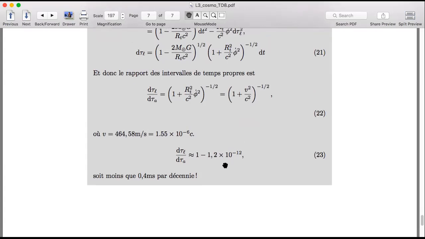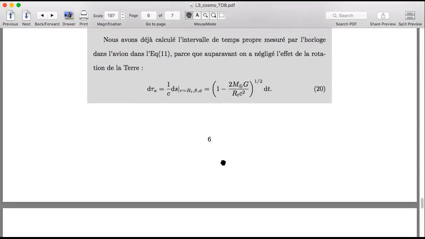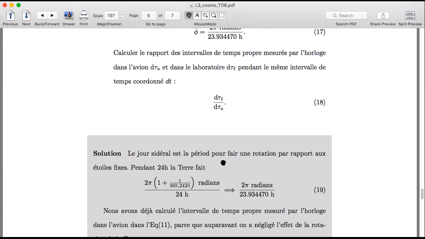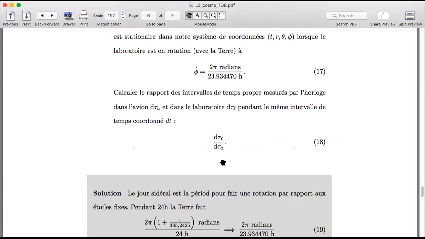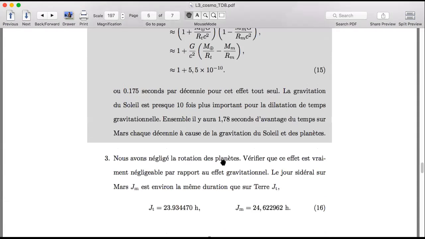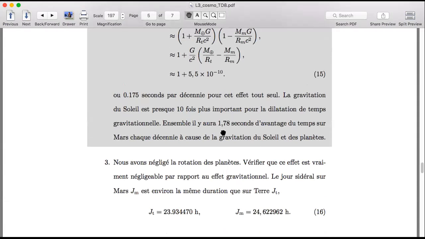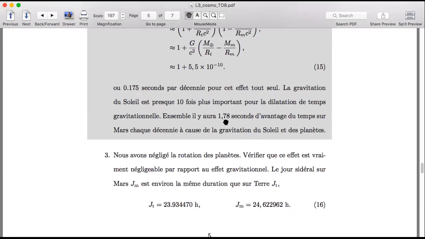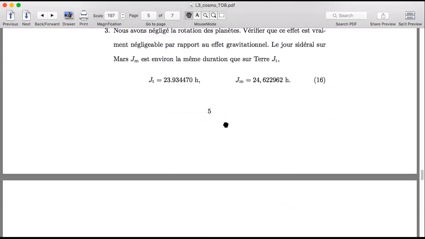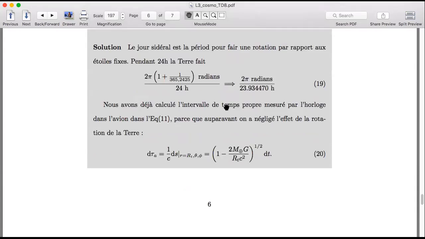And so we can have confidence in our previous results here. Remember, we can have confidence in this result that takes all the gravitational effects into account. We still have Mars spinning, but it's spinning even slower than the Earth, or slightly slower. So these are not important effects.